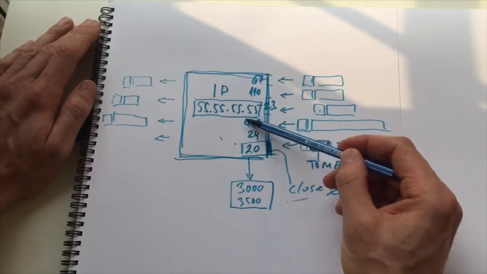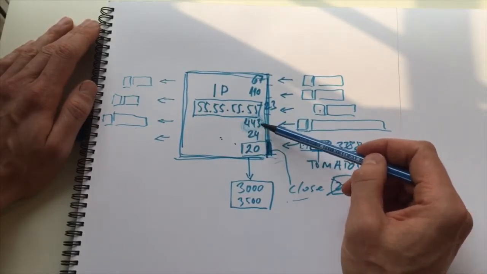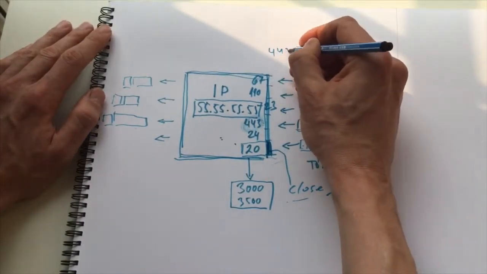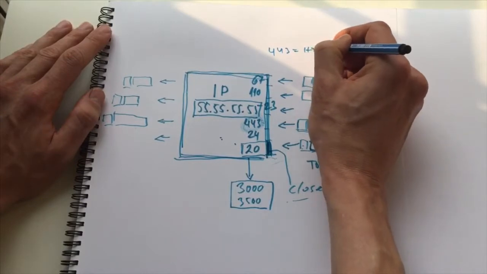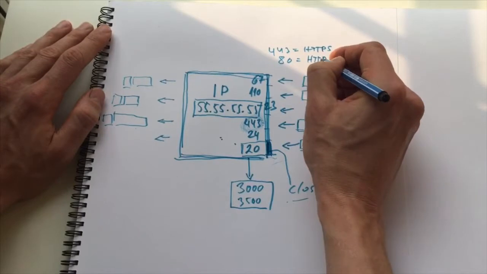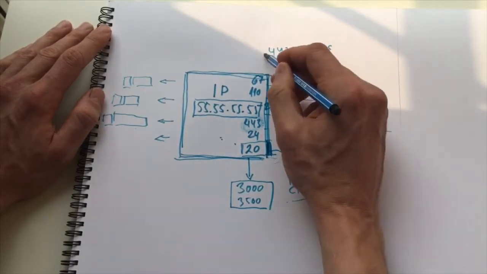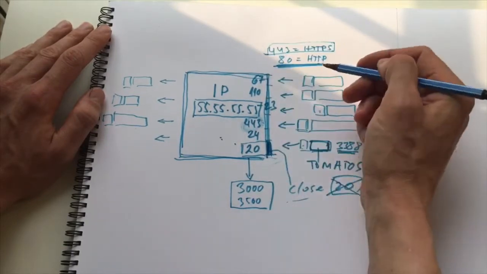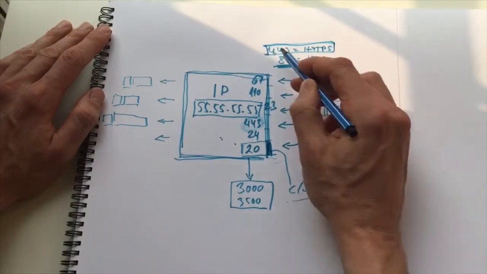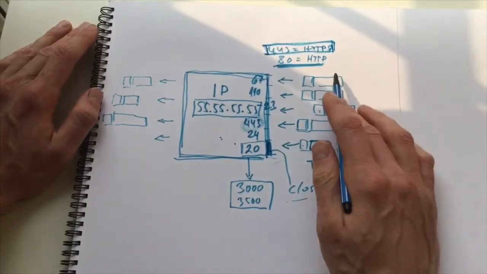The whole internet is running through this port, okay? This is the HTTPS port. And 80 is for HTTP, which nobody uses because everybody uses HTTPS. But anyway, you can close this one completely, and then you don't have internet.